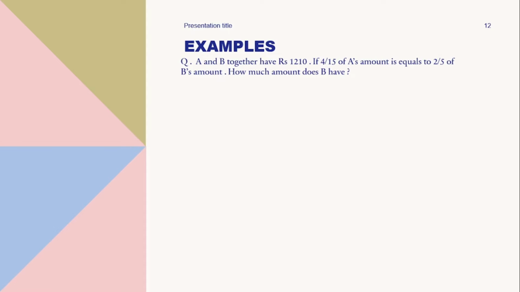Okay, let's have the solution of this question. First of all, it said that 4 by 15th part of A's amount is equal to 2 by 5th of B's amount. So I can assume that A has x rupees.